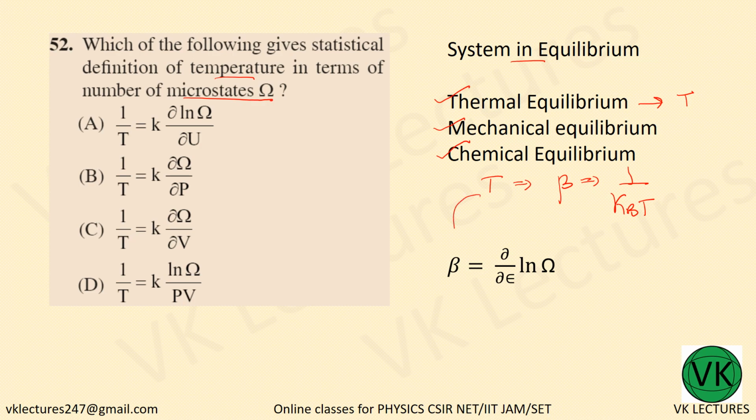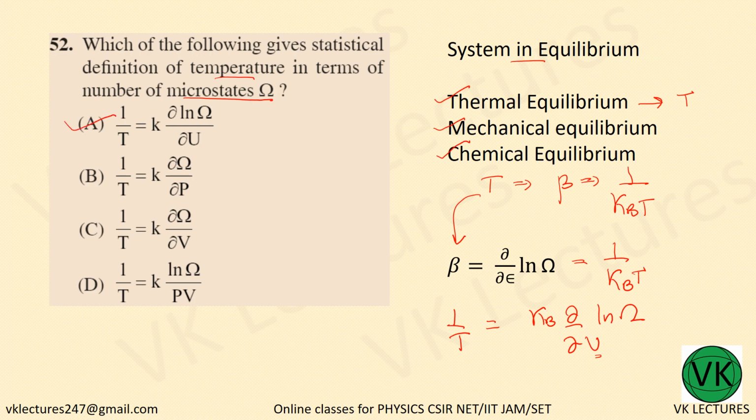This is how you test thermal equilibrium. Beta equals dou by dou E of log omega, which is 1 divided by kBT. So 1 by T is equal to kB times dou by dou U of log omega, where U is energy. So from the question, option A is correct.